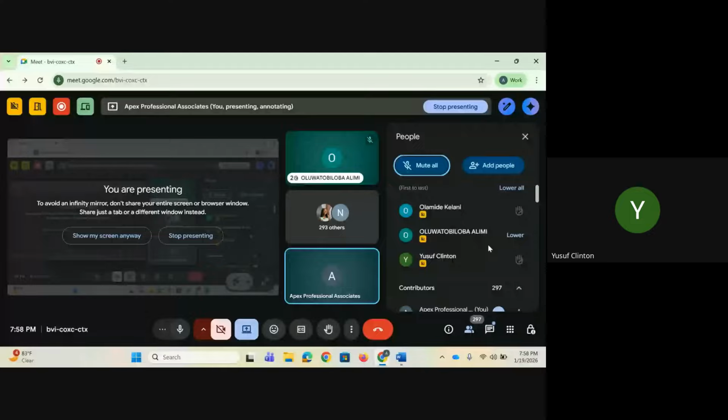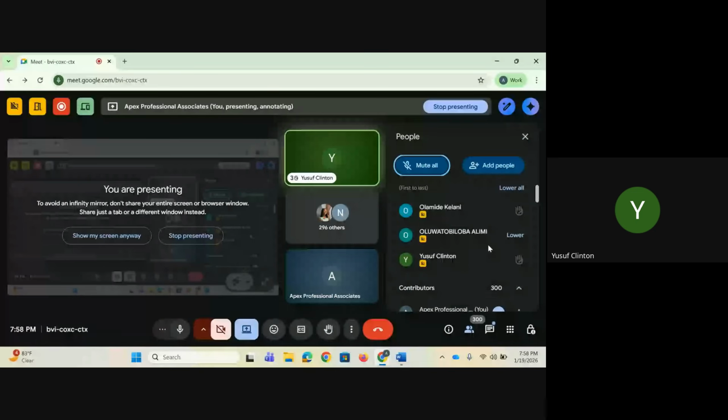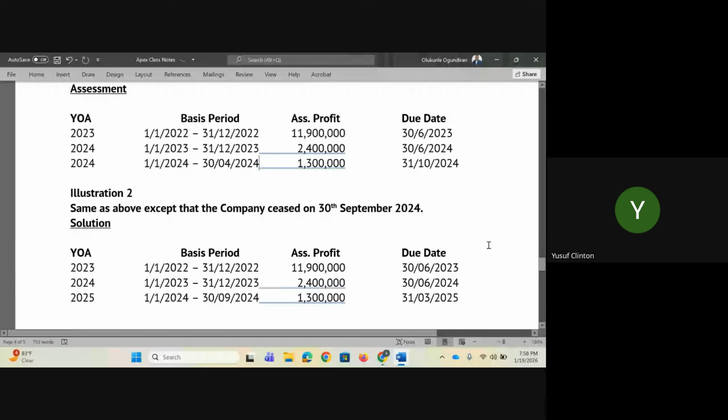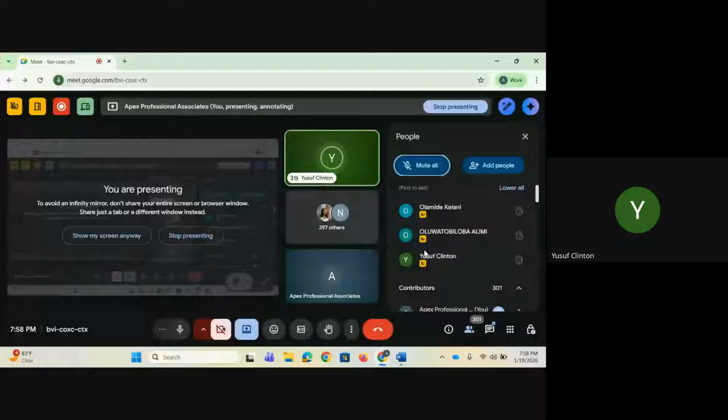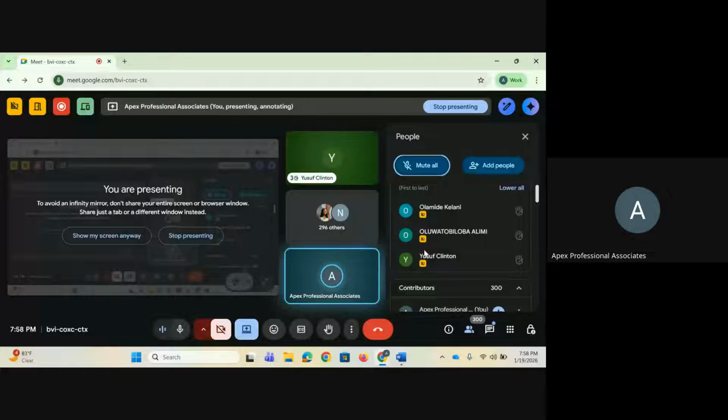Sir Yusuf. The company ceases operation September 2024, right? Correct. But I'm looking into this due date, which is the date for our filing, 2025. So I'm wondering who will now go for the filing when the company ceases operation? The company has promoters. There are people working for the company.